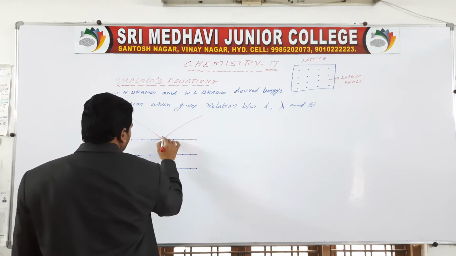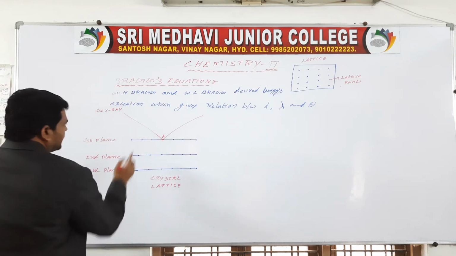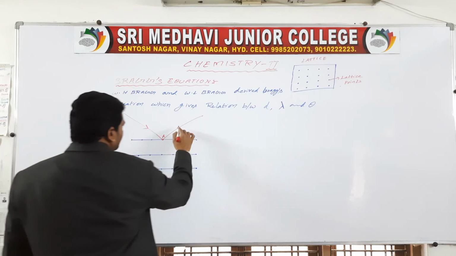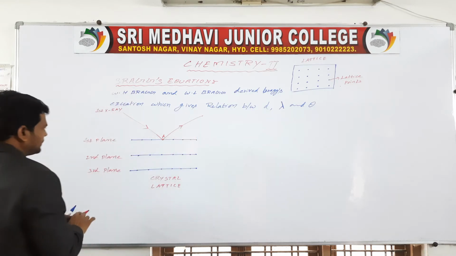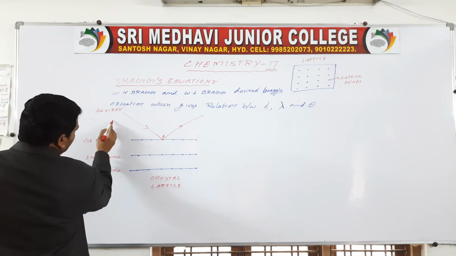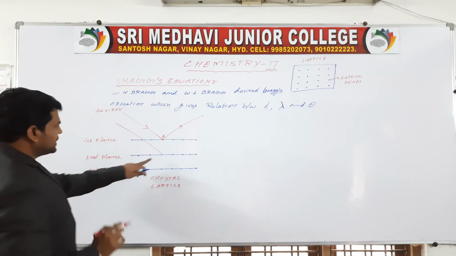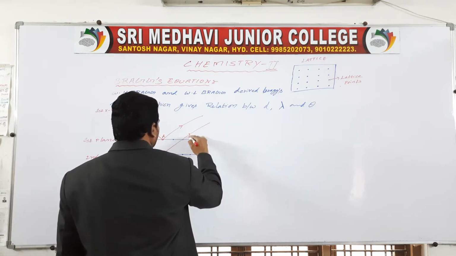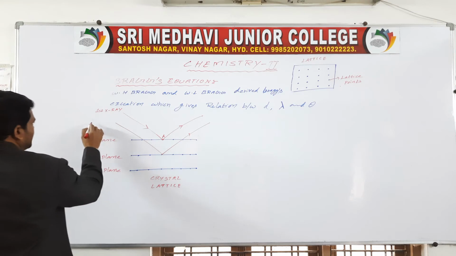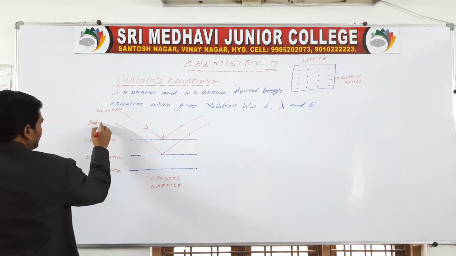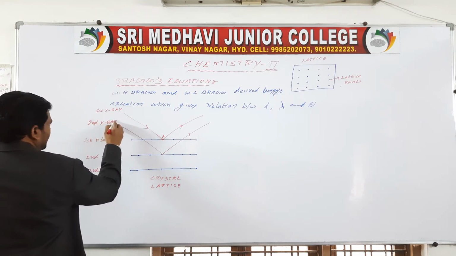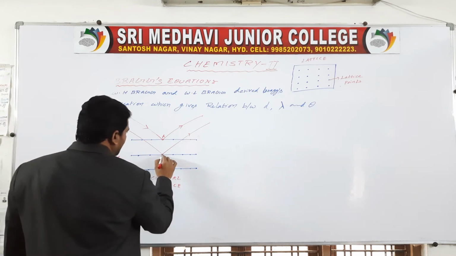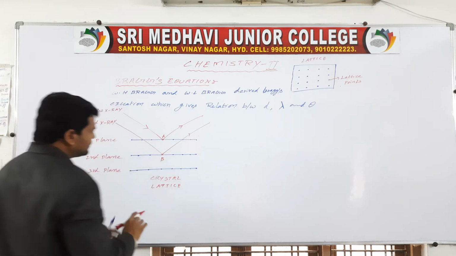The point I am taking as A. It is the incident ray and it is the diffracted ray. Next, the second X-ray touches this point and undergoes diffraction. This point I am taking as B.